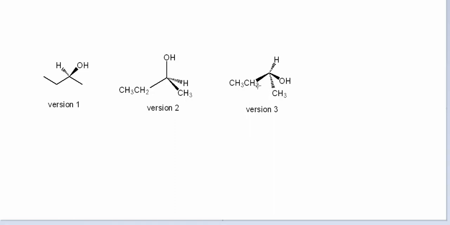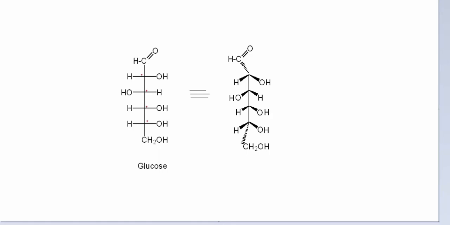Let's look at an example of a Fischer formula used to draw a molecule with more than one chirality center. Here is the Fischer projection formula for glucose, the well-known simple sugar.